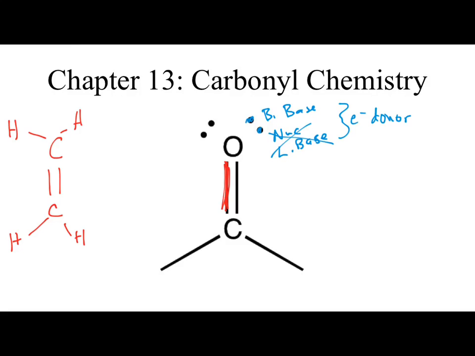It's got that pi bond as well. What chemistry is associated with an alkene? It all flipped to the exam. It could act as a base, particularly a Bronsted base because of the electrons. What else could it act as? Source of electrons.